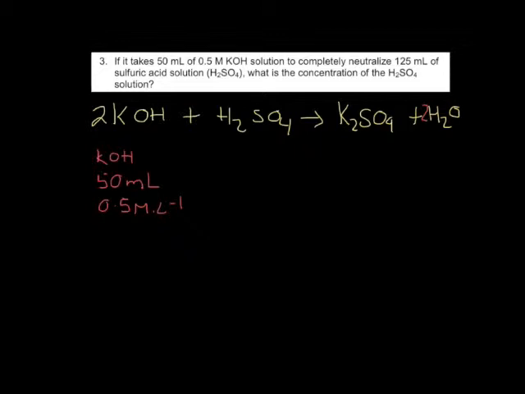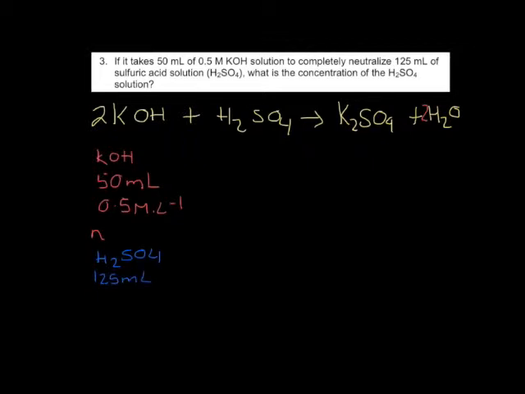So I've got the volume and the concentration here. I don't have the number of moles, but I can work that out. I also then need to have my information for my sulfuric acid. So let me write that down here. And I know that in this case I am using 125 mils.